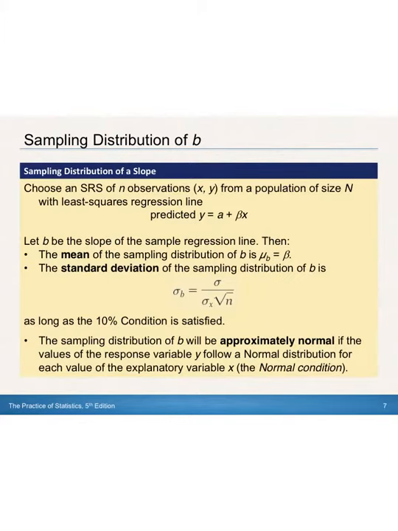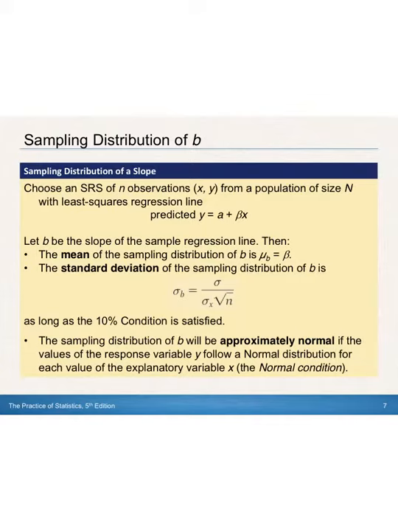So we're talking about looking at the unbiased estimators in the sampling distribution here. If we choose an SRS of n observations of a point (x, y) from the population of size N, with a least squares regression line following the predicted model, so predicted y is going to be the y-intercept plus the true population slope times x.